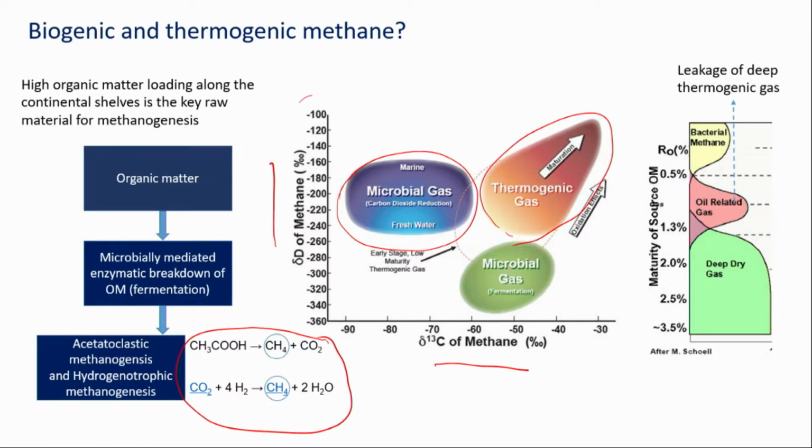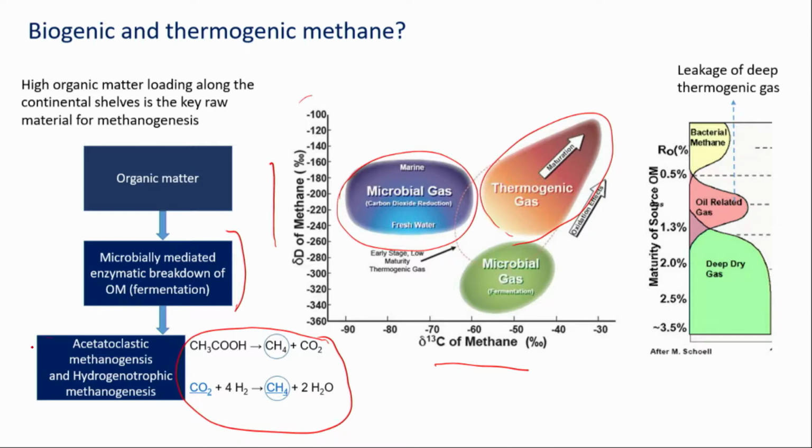Now, I said earlier that we have a biogenic methane and a thermogenic methane source. We saw in the earlier slide how they are forming. You have the organic matter, then there is a microbially mediated enzymatic breakdown of the organic matter, which is also known as fermentation, which produces simple organic molecules, which are the food for the methanogens, the bacteria which can produce the methane.